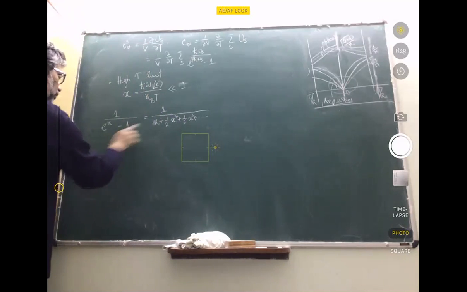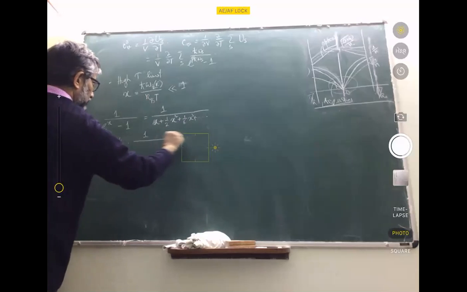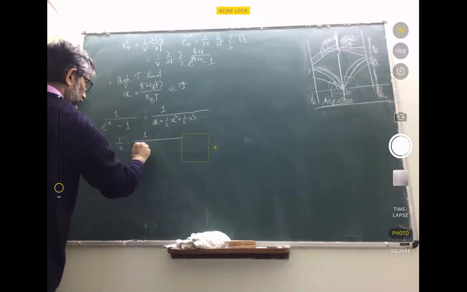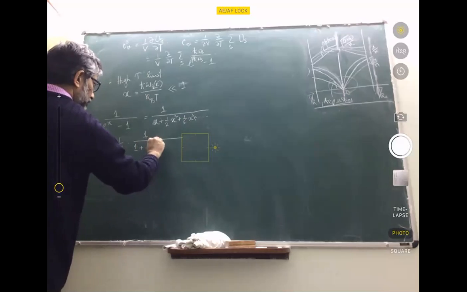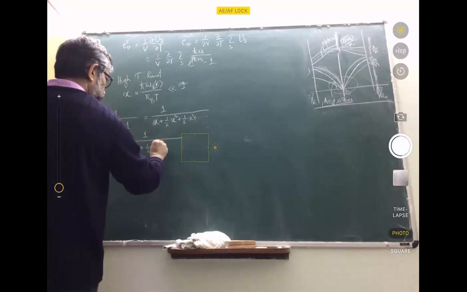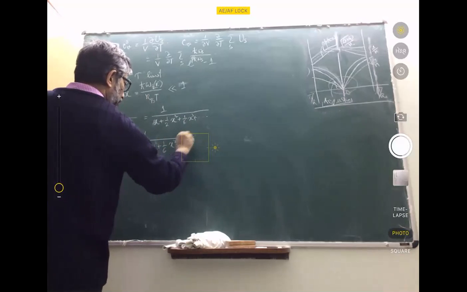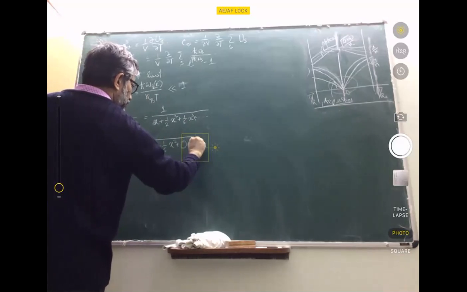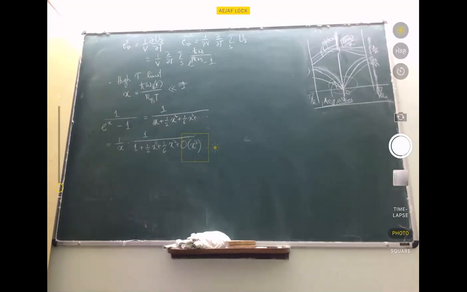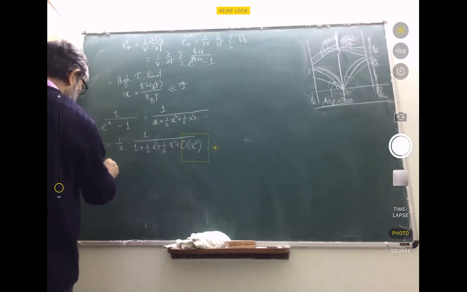In this, I pull out 1 over x, and because x is a small quantity, I take an expansion of this in powers of x.